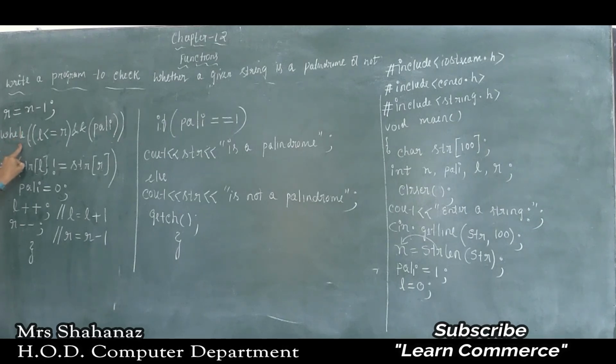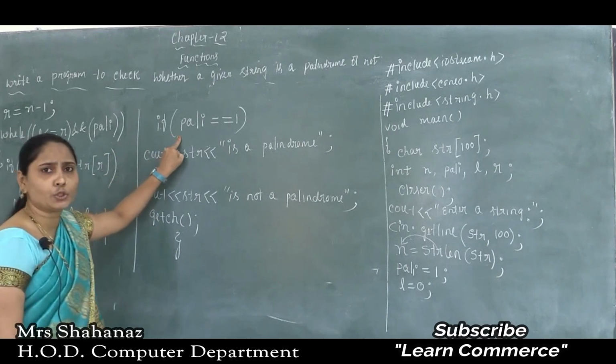Then it checks the condition, whether the left value is less than the R value. And also Pali, we know what the meaning of 1 and 0 is. Again it checks the condition, left value is equal to R value. If it is true, L plus plus, R minus minus. If this condition is false, left value is not equal to R value, Pali value is equal to 0, and we open the flower bracket, we need to close the flower bracket.